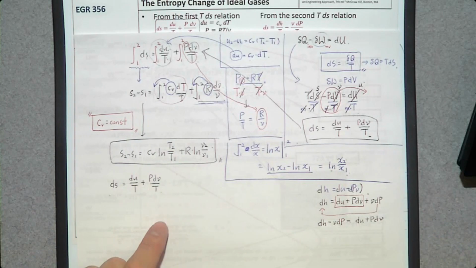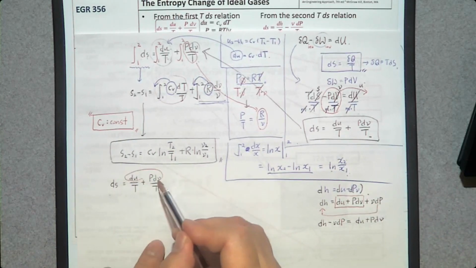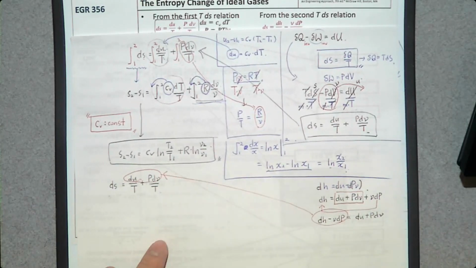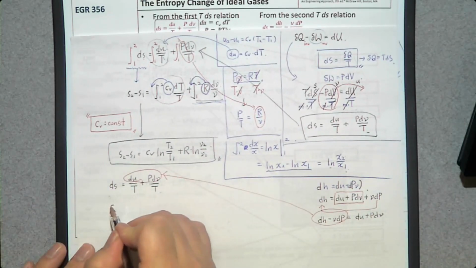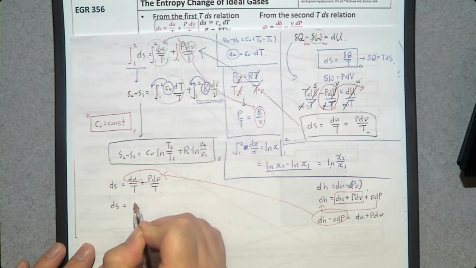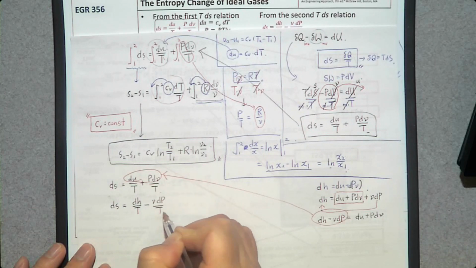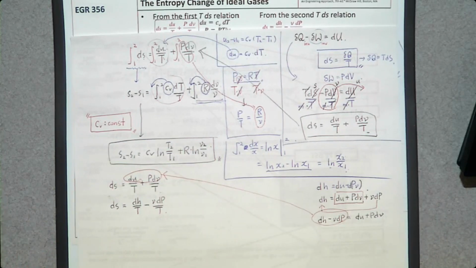So we can replace du plus PdV with dH minus VdP. So this ds equation is going to be dH over T minus VdP over T. So these two are the same equations. The first equation has internal energy U. The other equation has enthalpy H.